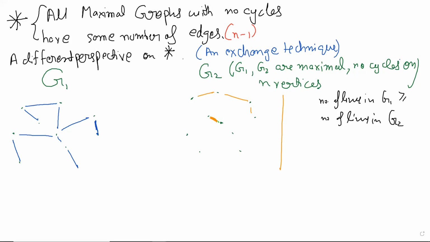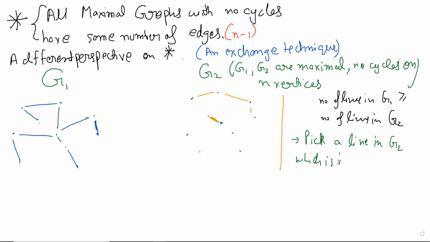And then what is the exchange? In this case, when you want to show that G1 has more lines than G2, we will pick an arbitrary edge. Let's use the same language. I pick a line in G2, any line, which is not in G1.